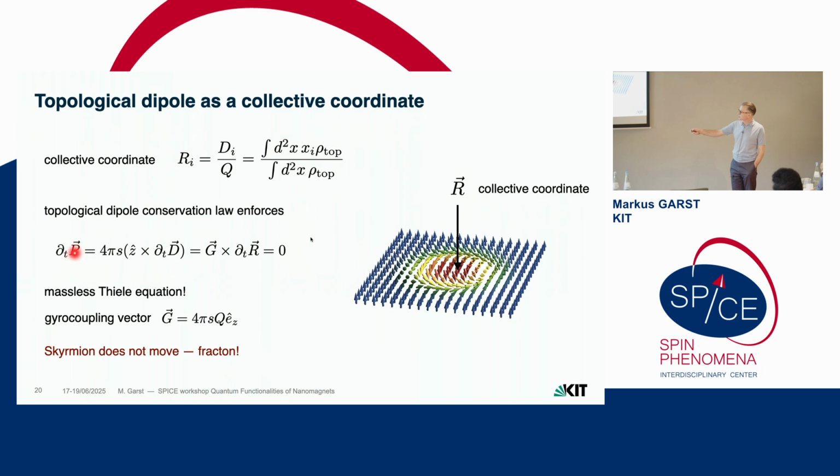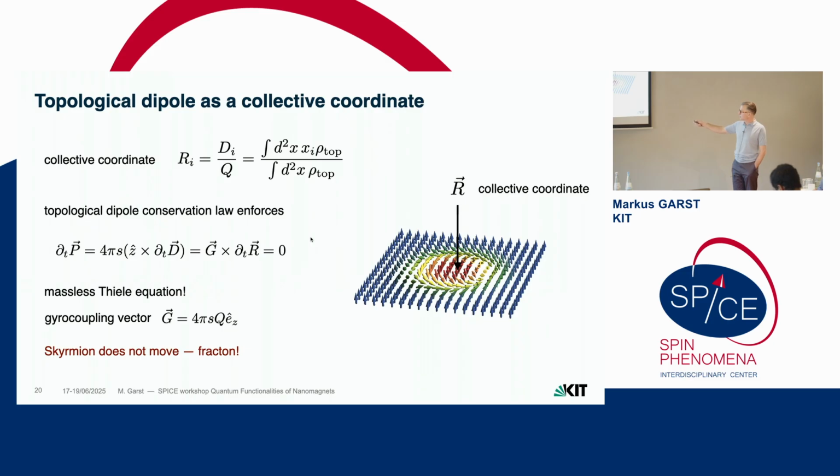This is just the conservation of the total linear momentum. Linear momentum is essentially the dipole moment, and if I want to express it in terms of the collective coordinate, I can express it in this way.